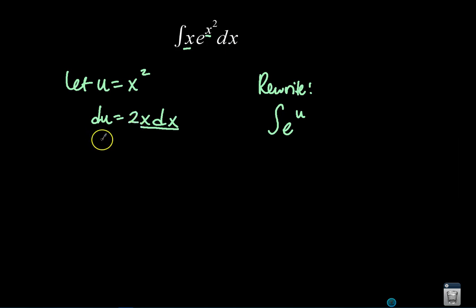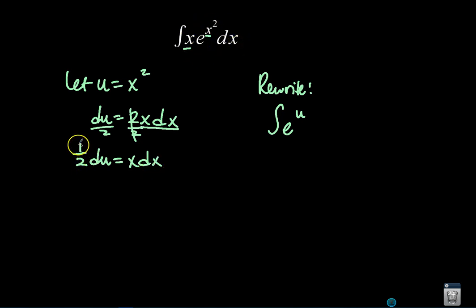So instead, I'm going to divide by 2 on both sides. So I'm going to have 1/2 du is equal to x dx. What I did was I divided by 2 on both sides. So the 2 went away, and now I'm left with x dx. That's exactly what I need to rewrite this integral entirely in terms of u.